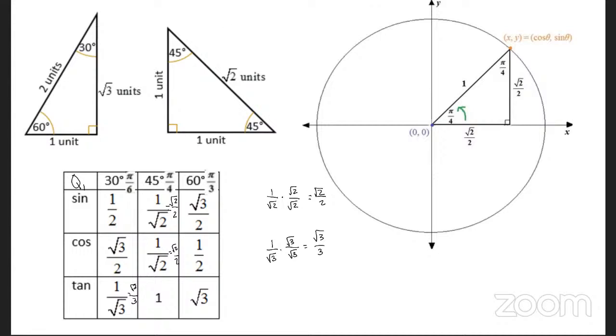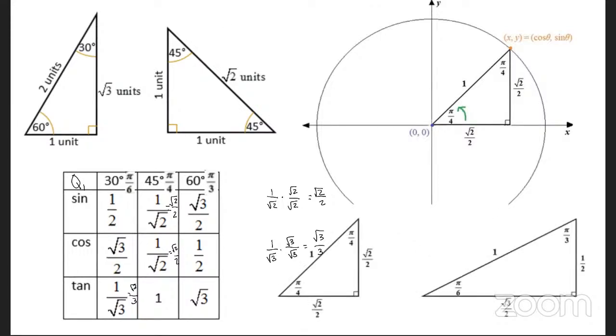Quick, let's look at, instead of 1, 2, and radical 3, we have our hypotenuse being 1 unit, what our vertical side and our horizontal side look like with our radian measurements instead of degree measurements here. So pi over 6 is going to be our 30 degrees.